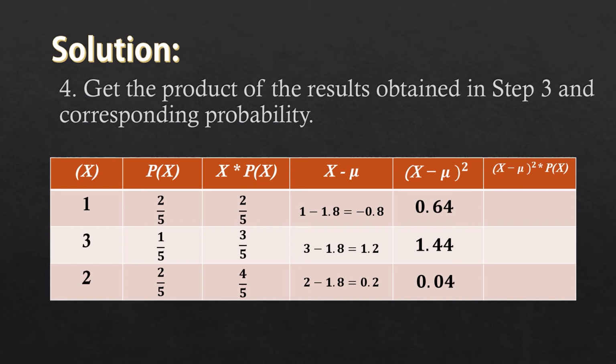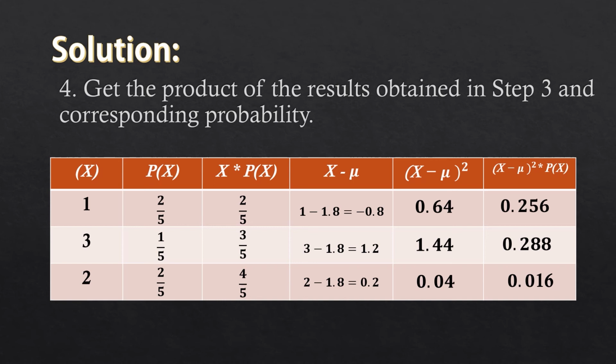We have 0.64 times 2 over 5, that is equal to 0.256. Then 1.44 multiplied by 1 over 5 is equal to 0.288. And lastly, 0.04 multiplied by 2 over 5 is equal to 0.016. These products will be used for our fifth step.